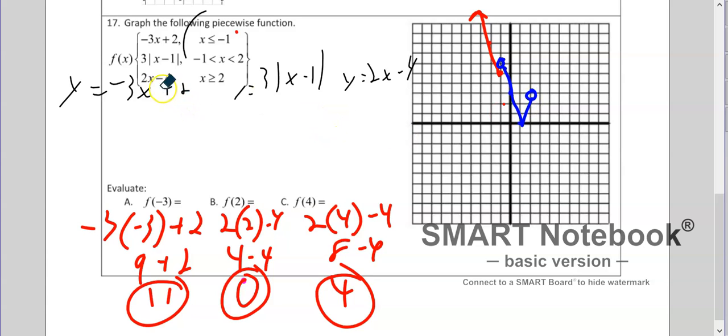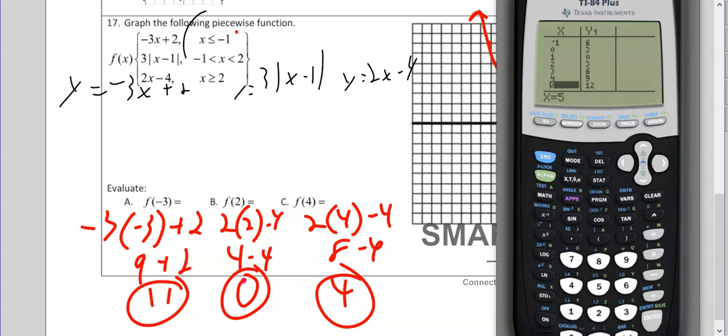And then my last one, 2x minus 4, clear out what I have. 2x minus 4, graph. There's my line. Look at the table, I want numbers bigger than 2 and equal to 2. So I'm going to move this to where 2 is at the top, and then I put in 2, 0, 3, 2, 4, 4.